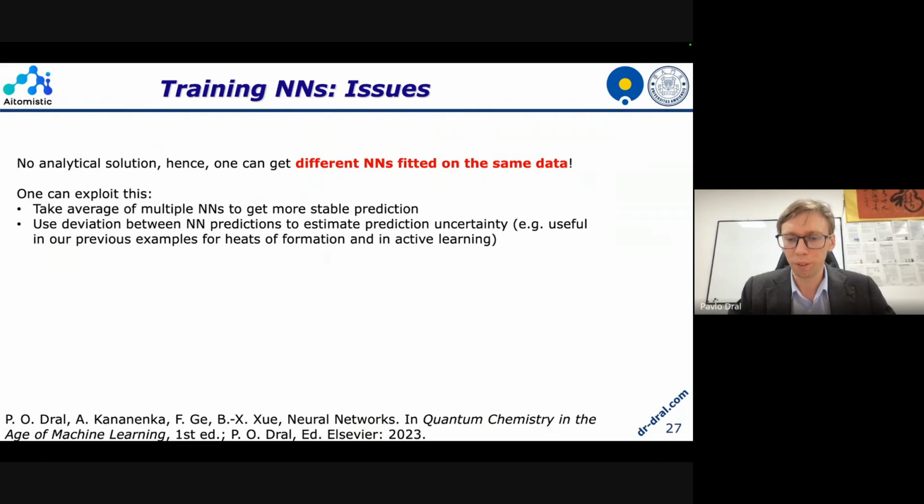I will talk a bit about that later. That's why I stopped here a bit and mentioned this, because it's important to understand that if you train your neural network and your classmate trains another neural network, and you get different results, don't be surprised. It's normal. You can combine your neural networks, average them, and get uncertainty. So it's not a bad thing.